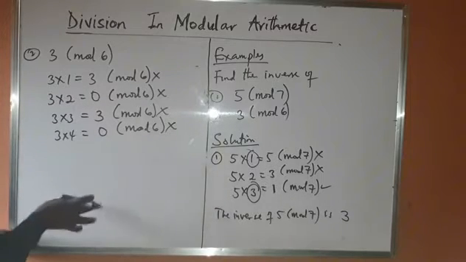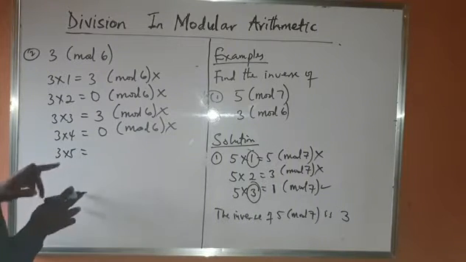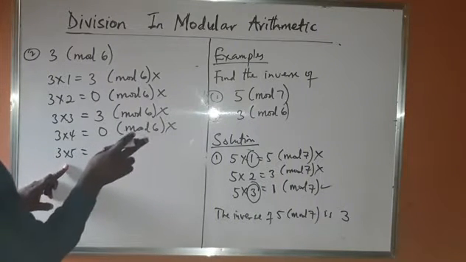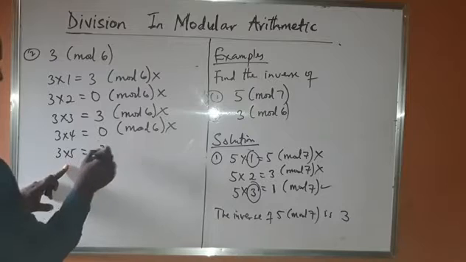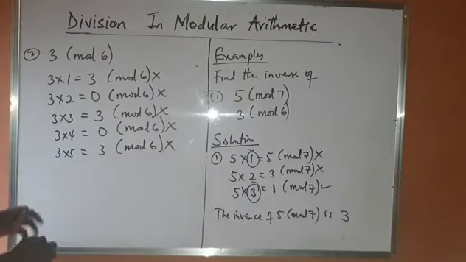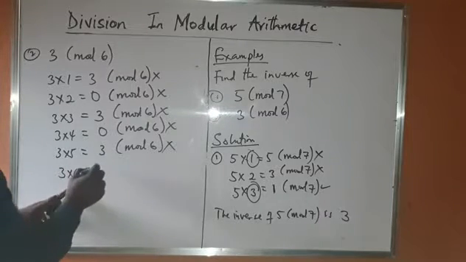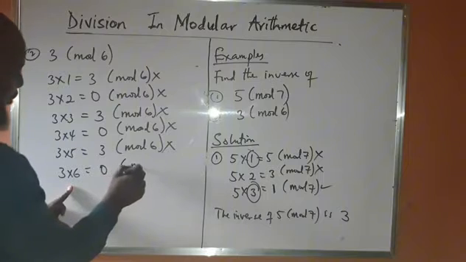Let's try the next one. It's going to be 3, 0 again. So 3 multiplied by 5 is 15, and 15 divided by 6 is 2, remainder 3. This one will not work again. Then 3 multiplied by 6 is 18, which gives us 0 again in mod 6.